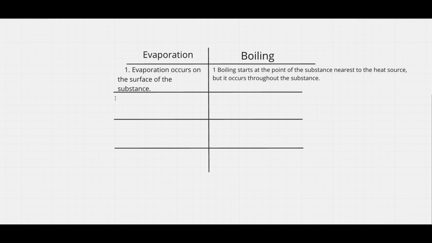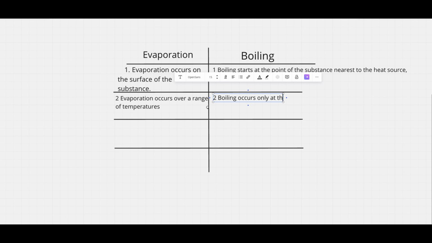Number 2, evaporation occurs over a range of temperatures. For boiling, boiling occurs only at the boiling point of a substance.